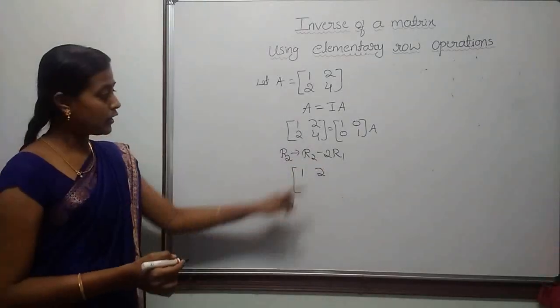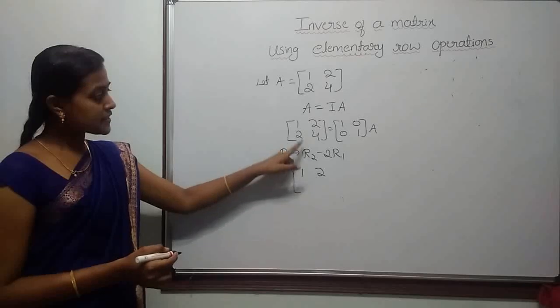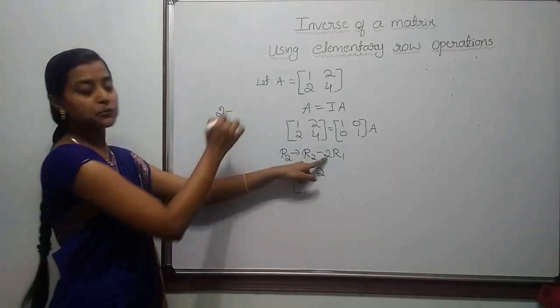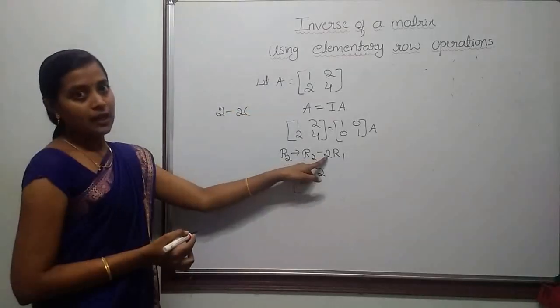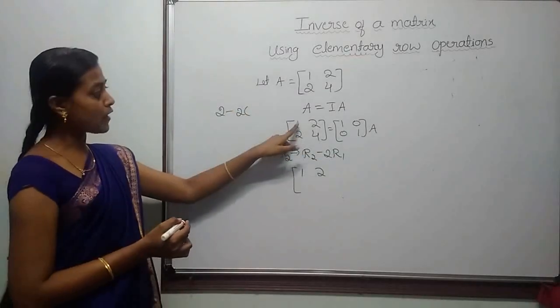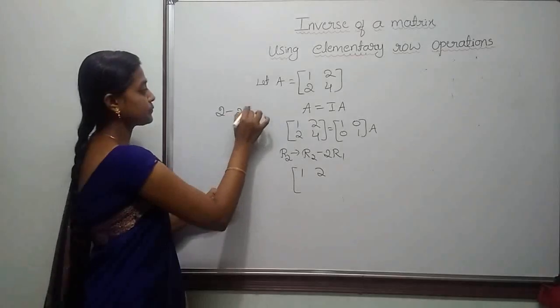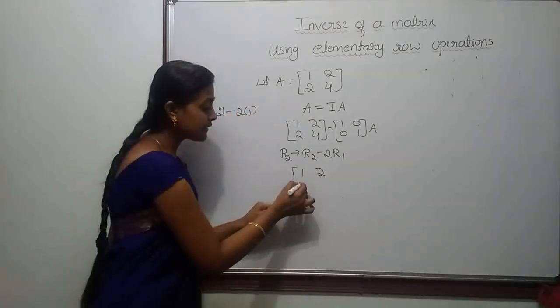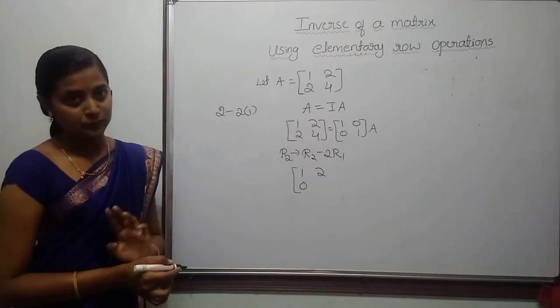In the second row, R2, first element of R2 is 2, minus this 2 as it is. R1, first element of R1 is 1, 2 minus 2 is 0. Then this element will become 0.